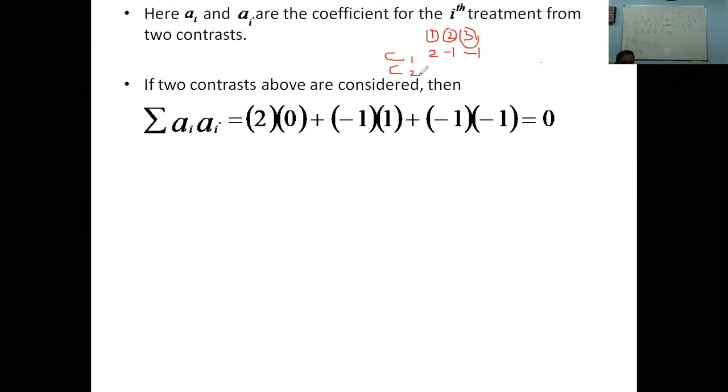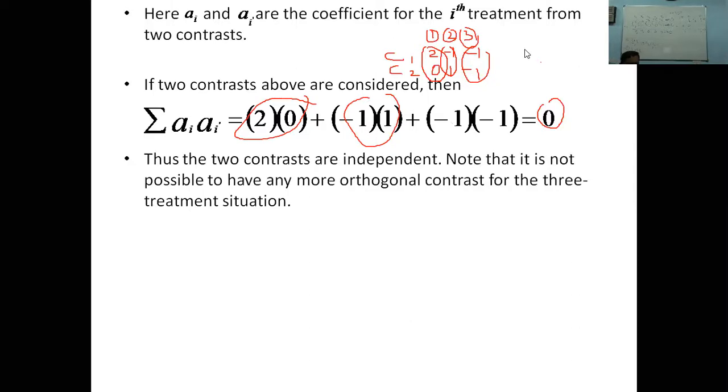Contrast 2 is 0, 1, and -1, from the previous example. Now, as we did for the others, we multiply: 2 into 0, -1 into 1, and -1 into -1. If you multiply and add all these values, it will be equal to 0. So these contrasts are orthogonal to each other.